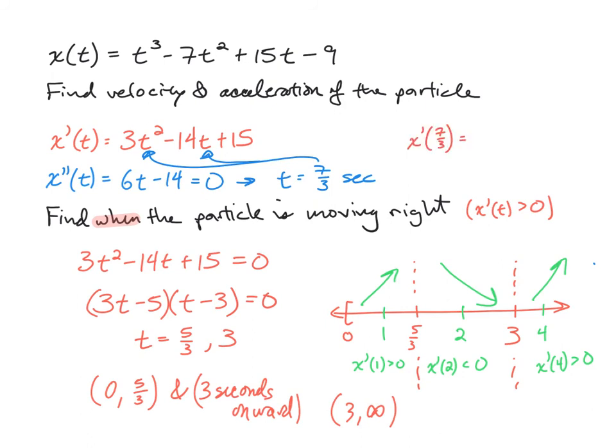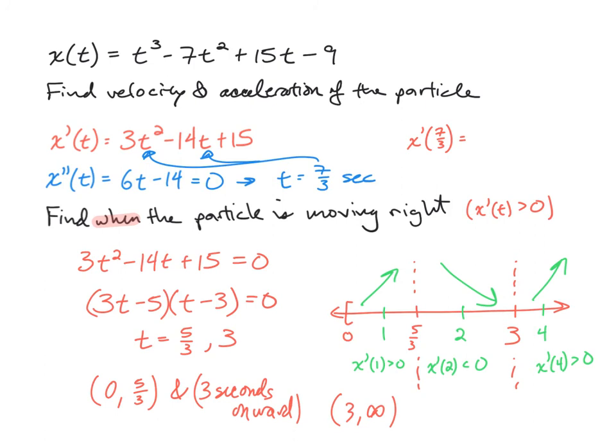Now, just using a bit of knowledge that we already have here, since this time is between 5/3 seconds and 3 seconds, we should be having some sort of negative velocity here.